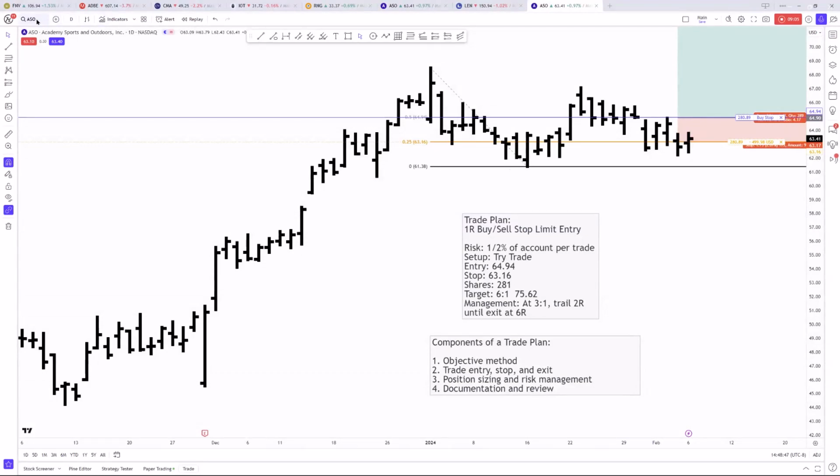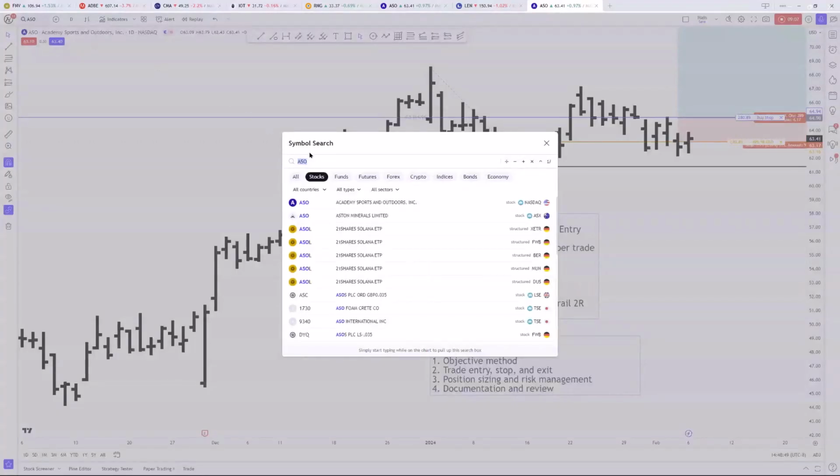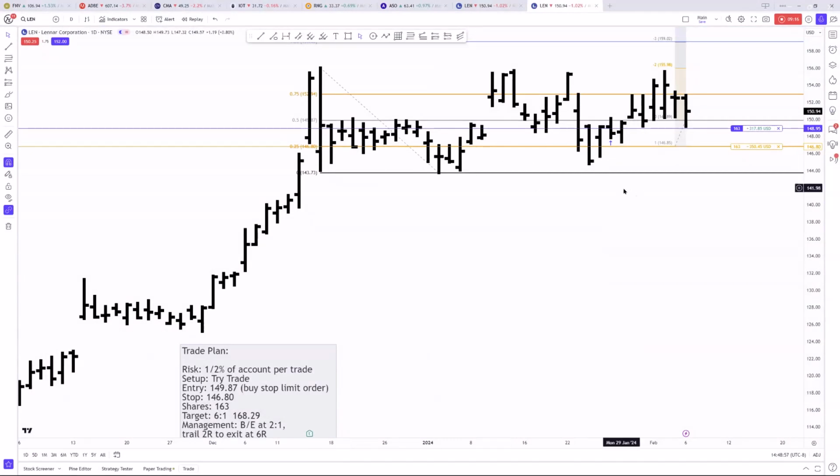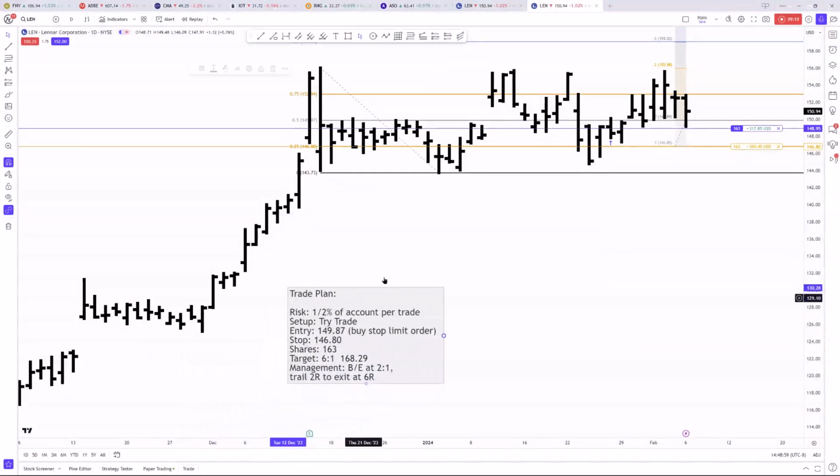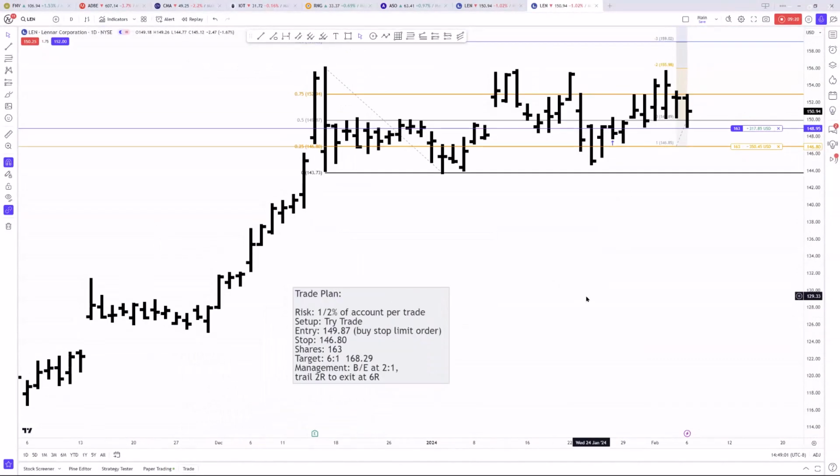And one more that we are in, I think. Len. All right, so we made a nice clear plan. Did we enter how we said we were going to enter? Yes. After we entered, are we managing it how we said we're going to manage it?